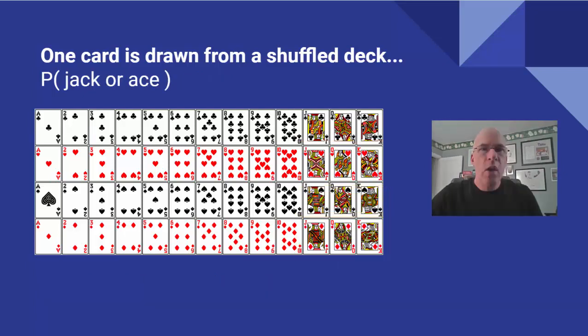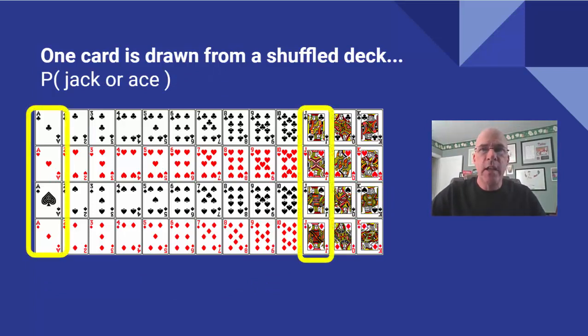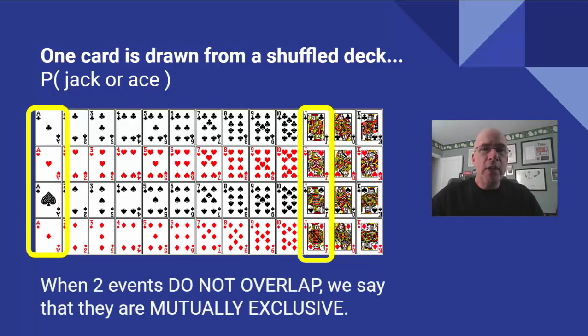Here's another example. What's the probability of drawing a jack or an ace? Well, again, it's helpful to circle in the sample space. I've circled the jacks. I've circled the aces. And notice altogether it seems that there are 8 of them. But a quick definition here first. When two events do not overlap, we say that they are mutually exclusive. We have jacks over here. We have aces over here.